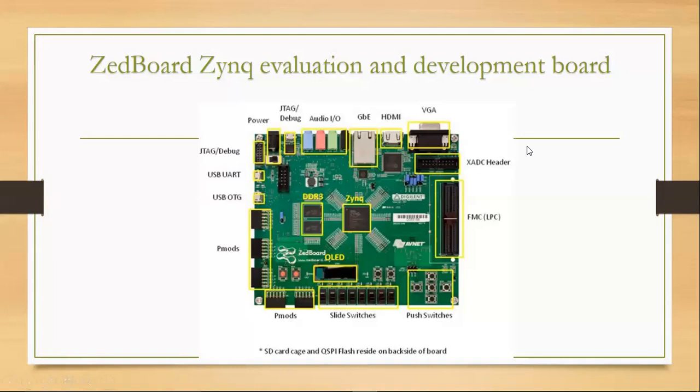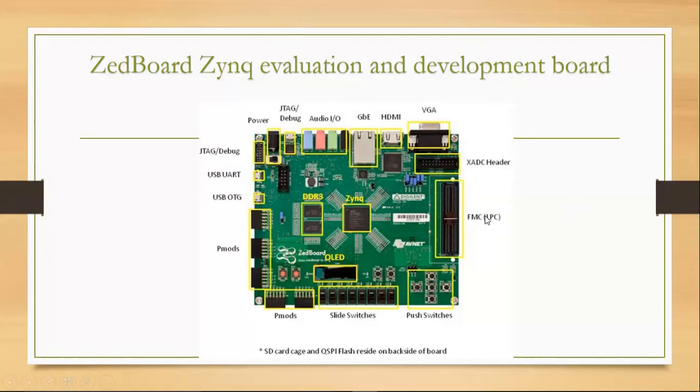So this is the ZedBoard, the evolution and development of the Xilinx 7000 series, and here we can see the structure of this board. We have DDR3, the Xilinx processor, and the FMC, called FPGA mezzanine connector.